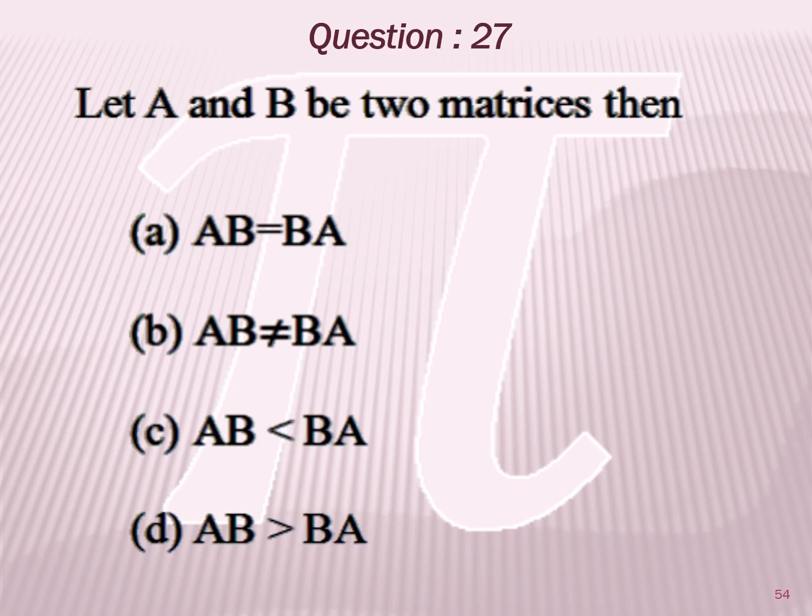If A and B are given two matrices, then option A, AB is equal to BA. Option B, AB is not equal to BA. Option C, AB is less than BA. Option D, AB is greater than BA.